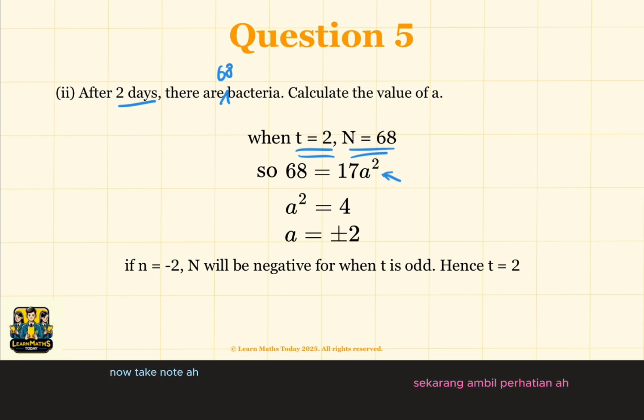Now, take note. If A equals minus 2, N will be negative when T is odd.